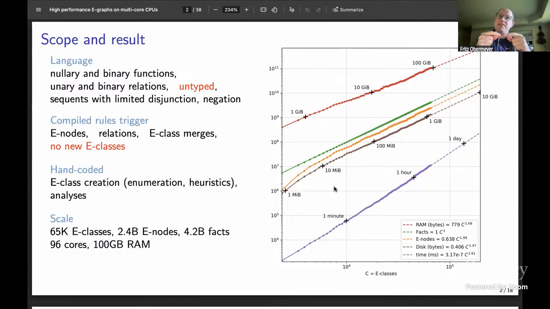It can merge e-classes, but it's only halfway between a logic programming engine and egglog, in that it can merge, but it can't create new e-classes. Got it. So I have all sorts of different heuristics outside of the engine to create new e-classes: enumeration, inserting terms, and statistical things. But again, I've never mastered the skill of writing rules that don't blow up. So that's why.